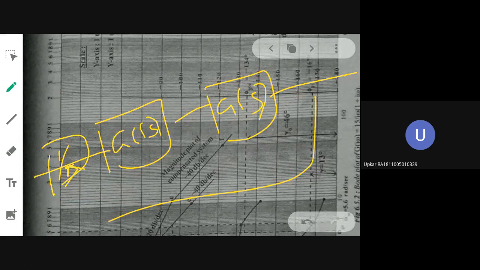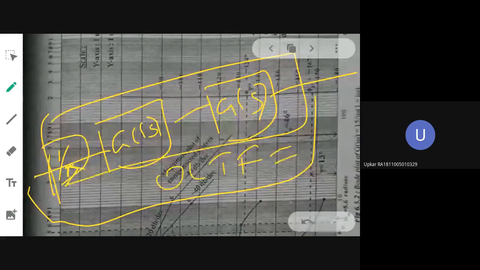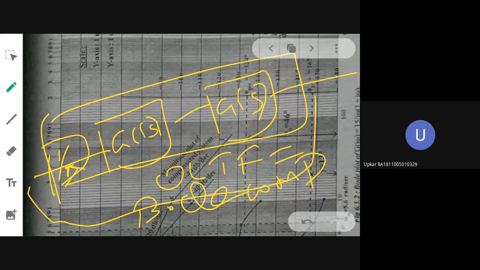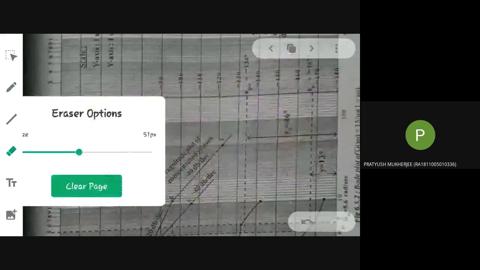Then you will multiply all these three to calculate the OLTF, and from the OLTF you will draw one more Bode plot for the compensated system, from which you will determine gamma. Understood the procedure? Yes, ma'am.